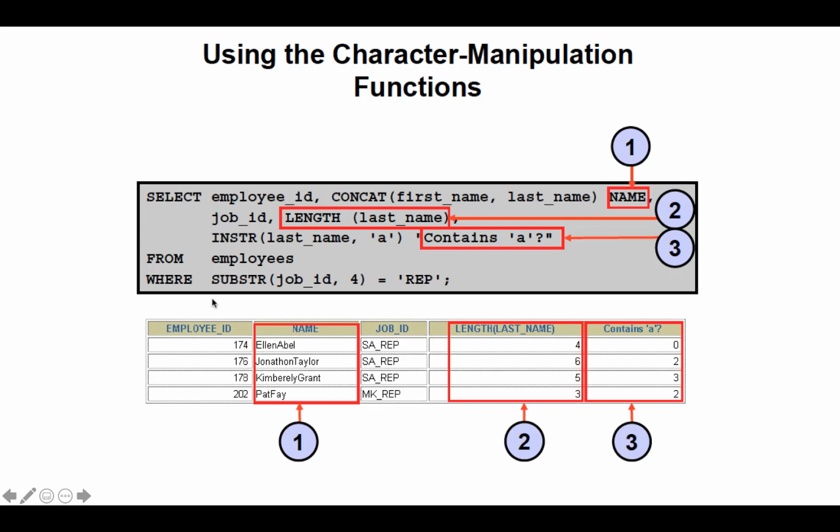So this function is as if I'm checking the job IDs that end with rep. I only want to see, let's say, the representative employees. So this is a sufficient example of using the string manipulation functions.